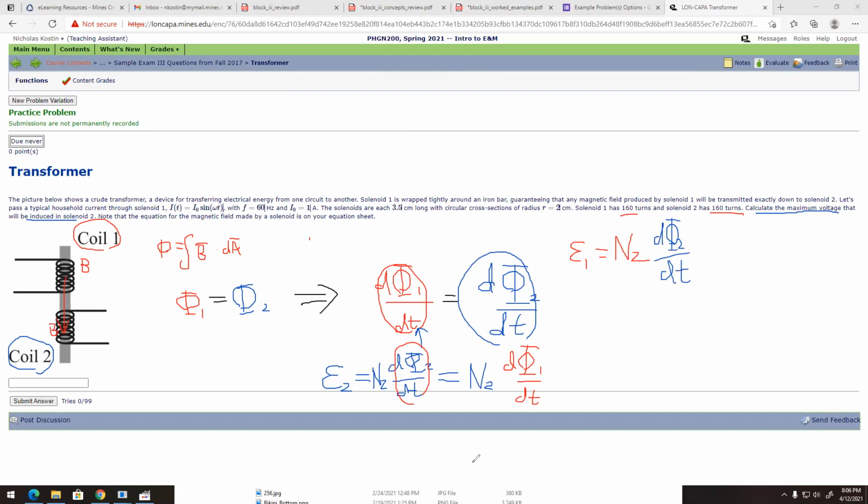I think the colors do help here, so I'll stick with them. The number of turns in solenoid 2 times the EMF in solenoid 1 has to be equal to the number of turns in solenoid 1 times the EMF of solenoid 2.